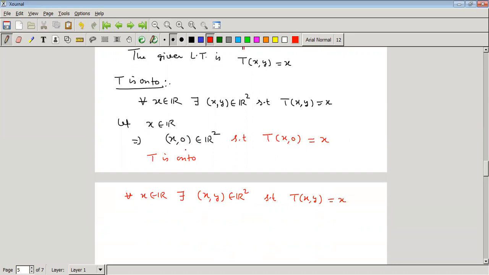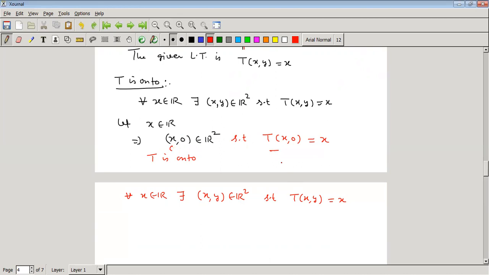So you can take y equal to 1 also, or y equal to 2 also. (x, 2) belongs to R2, or (x, 1) belongs to R2, such that T of (x, 1) is also equal to x. So we have to find at least one element. There are so many elements. Even there is a complete line whose image is the point x, right?